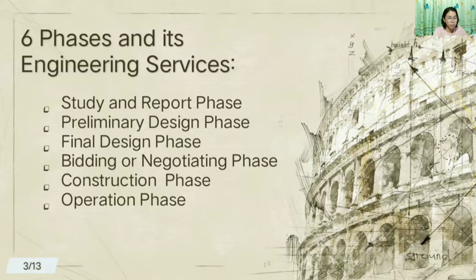There are 6 phases, and each phase has its corresponding engineering services. First is the study and report phase. Next is the preliminary design phase, final design phase, bidding or negotiating phase, construction phase, and operation phase.